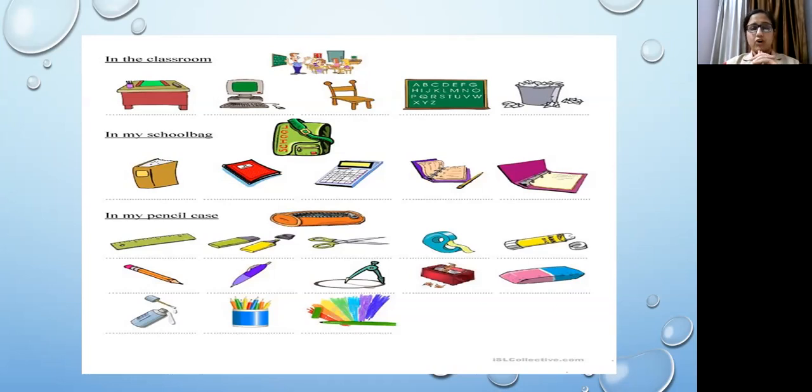So what kind of objects are placed over there? In your school bag, books, notebooks, calculator, then pen, diaries, files, folders. So many types of objects are there. In your pencil case, scissors, whiteners you also carry, then pencil, pen, eraser, sharpener, ruler, and many various kinds of objects.